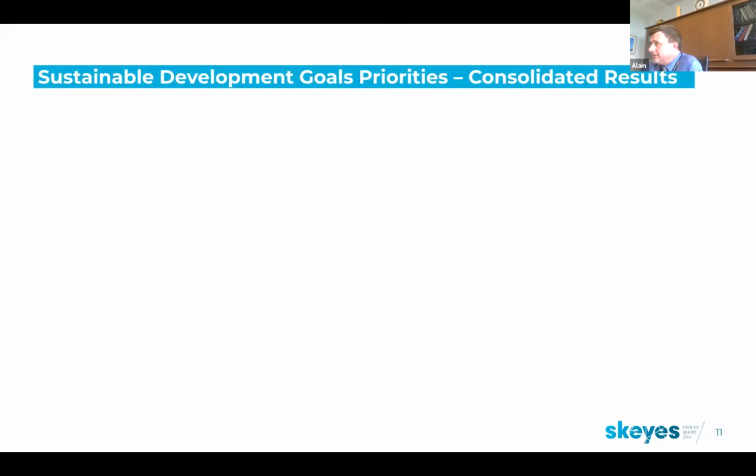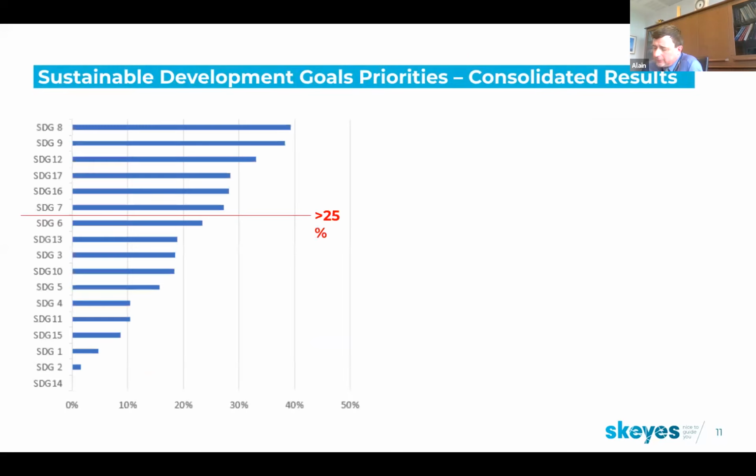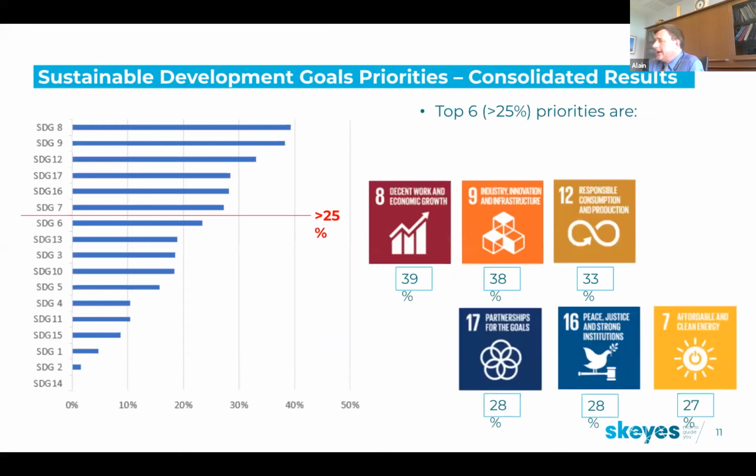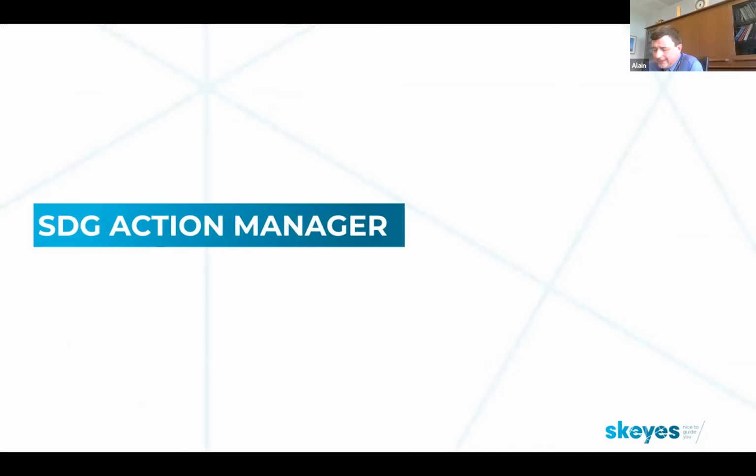And finally, we sorted out the SDGs, and six of them were considered as the ones on which we have to build the future, and they were of very great importance for us. Then, of course, we began to develop some actions, and the SDG Action Manager came out.